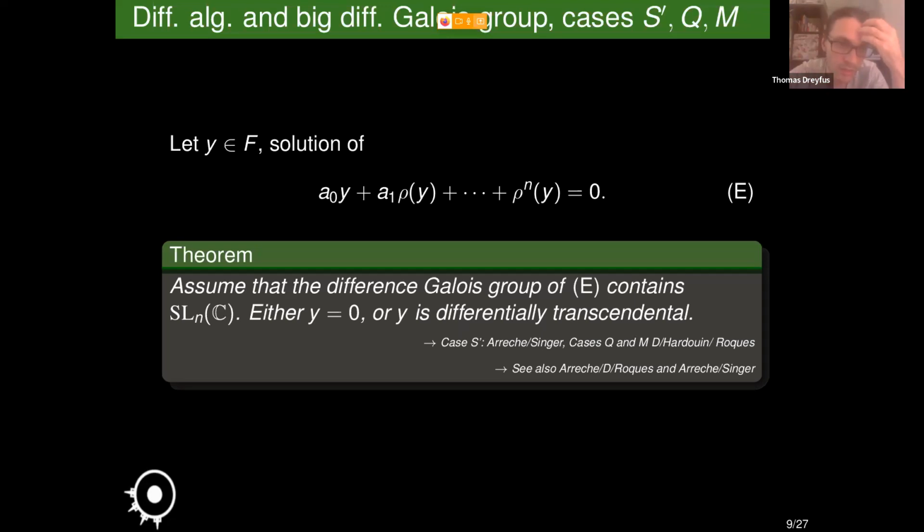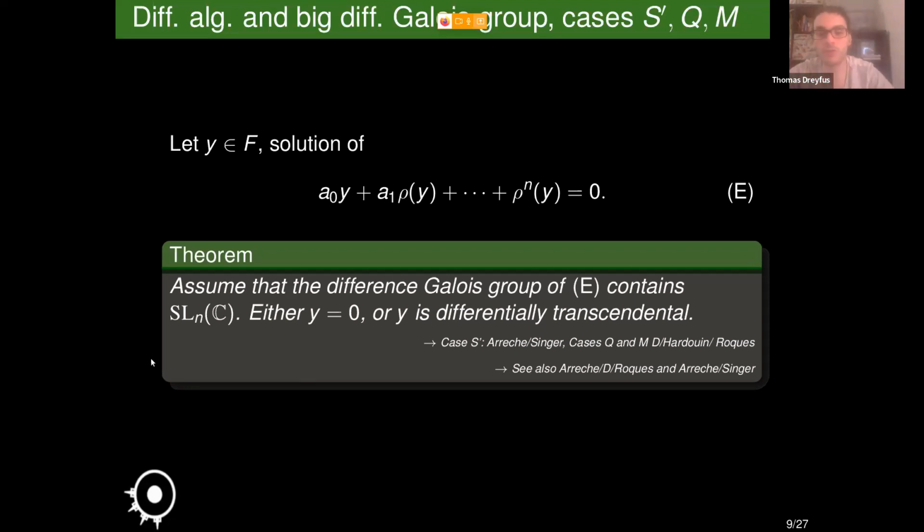And Charlotte Ardouin and Michael Singer proved that this last thing is equivalent to the fact that Y is a solution of a linear differential equation. Then we use the result before to prove that if Y is a solution of a linear functional equation and a linear differential equation, then Y is too simple. But it contradicts the fact that the Galois group contains SL_n.